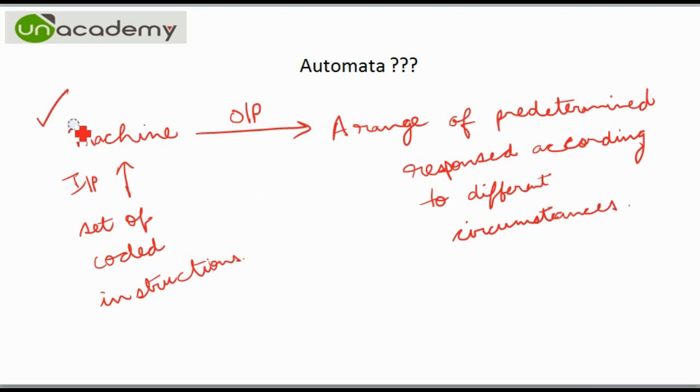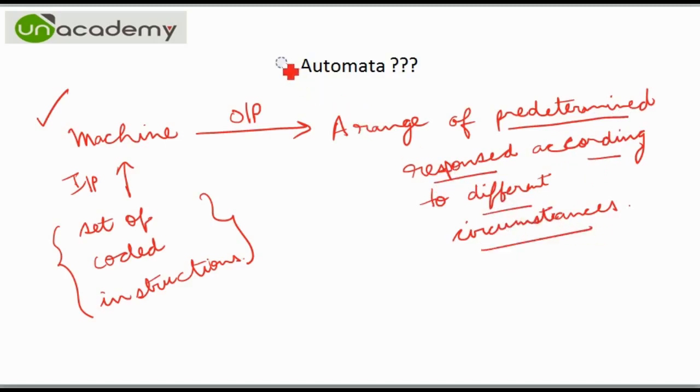So it is a machine that takes input a set of coded instructions and outputs a range of predetermined responses according to different circumstances. That is an automata in simple words.